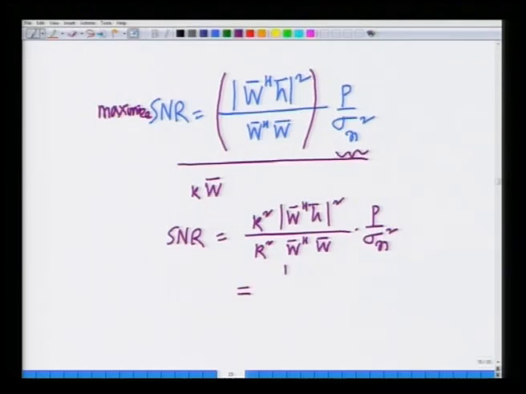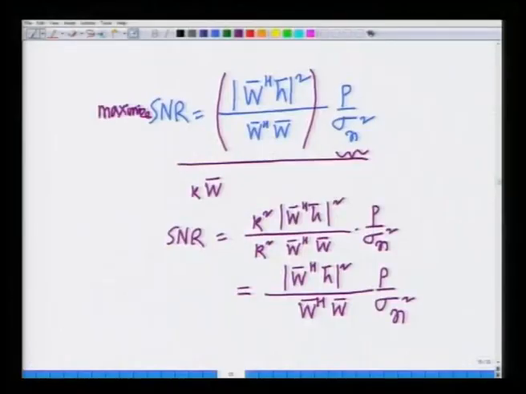That is nothing but magnitude W bar Hermitian H bar square divided by W bar Hermitian W bar, into P over sigma n square. That is because there is a k square in the numerator, there is also a k square in the denominator, and both of them cancel.